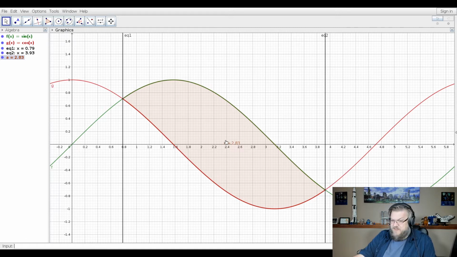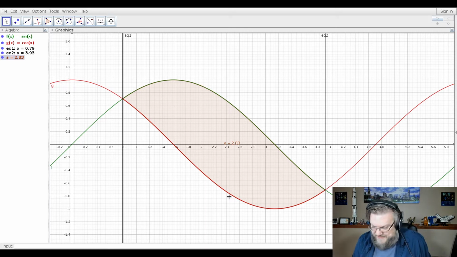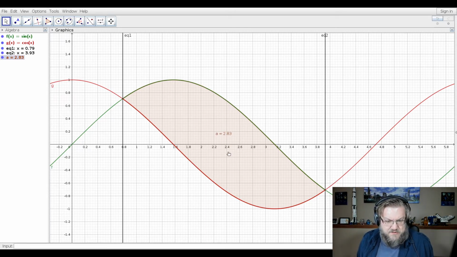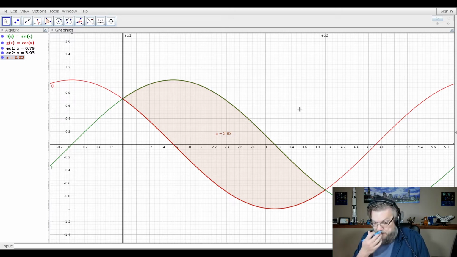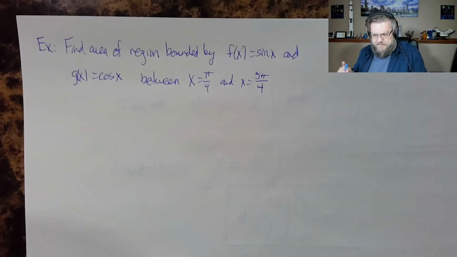But if I want to do this on paper, the bottom line is it's sine that's the top curve, and it's cosine that's the bottom curve, yeah? So let's set up an iterated integral that calculates this number. By the way, GeoGebra found it pretty quickly and got an answer of 2.83. Let's see if we can find that integral, the area of 2.83.